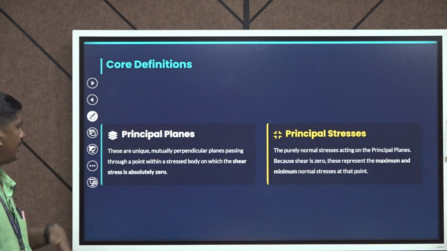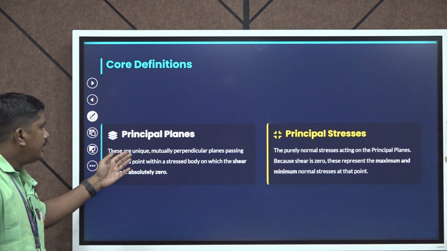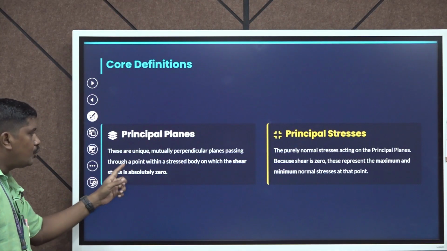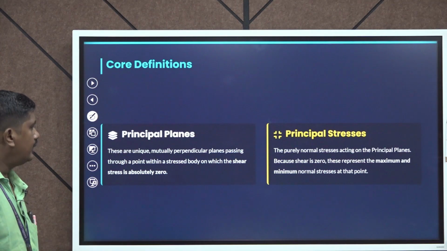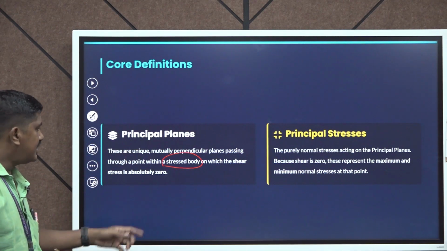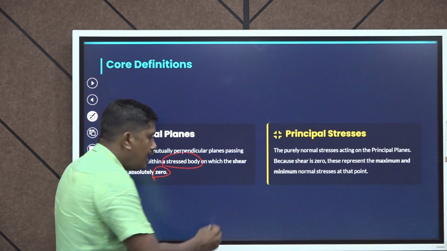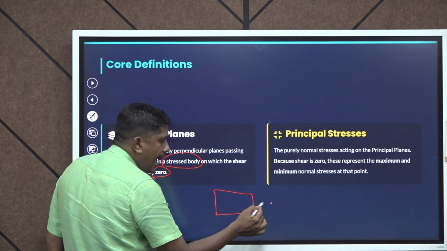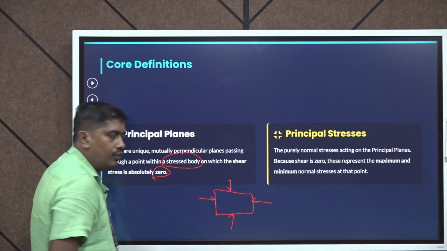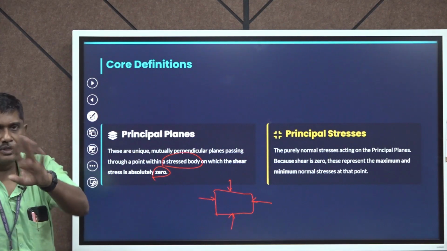The core definition: the principal planes, as I already told you, are the unique, mutually perpendicular planes passing through a point within a stressed body on which the shear stress is absolutely 0, because no angular load is applied, which means the shear stress is absolutely 0.